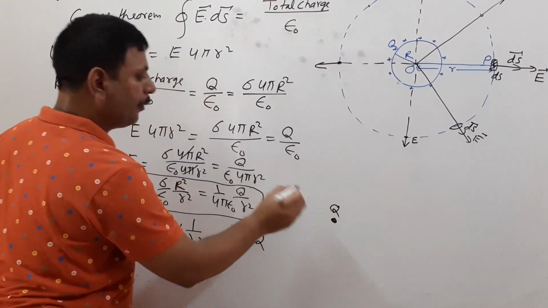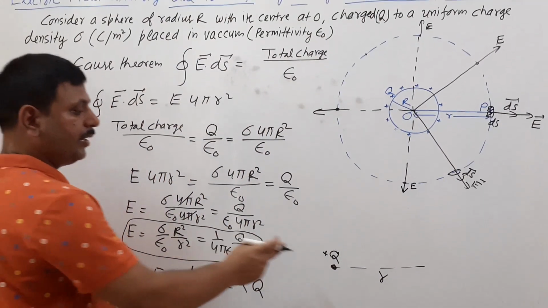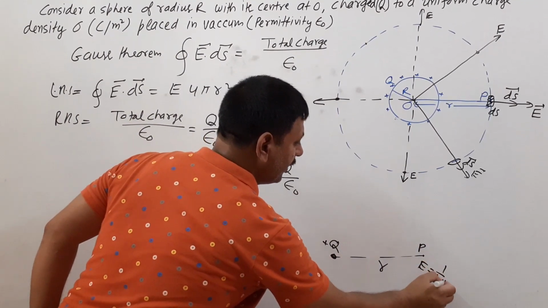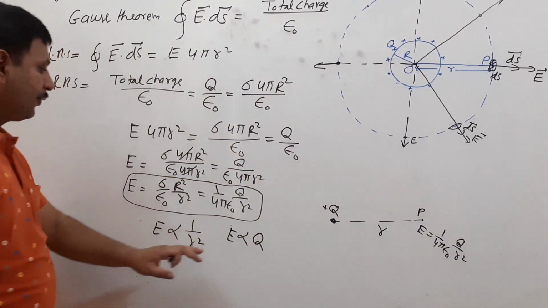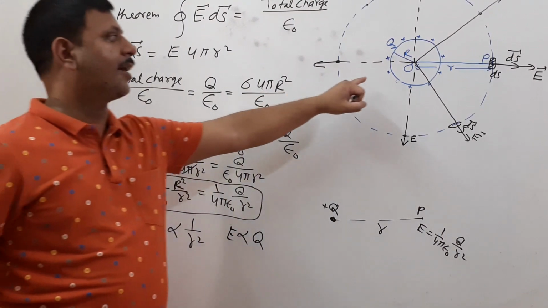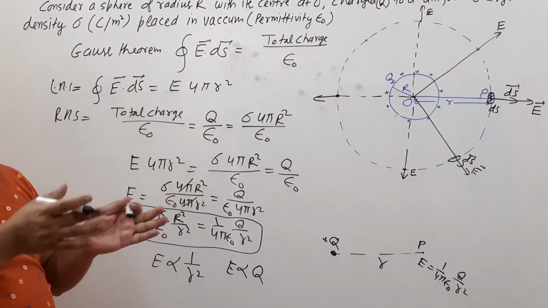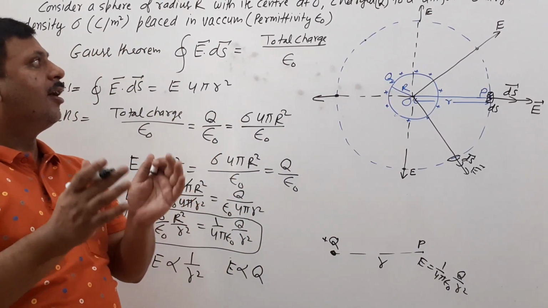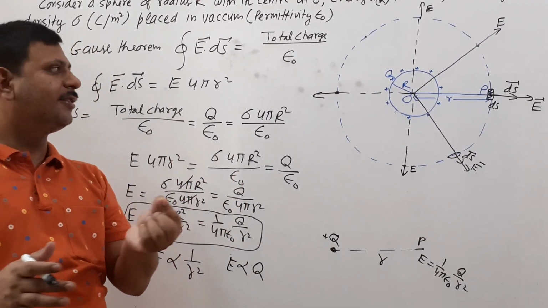If you give a point charge plus q and take a point at distance r, the electric field intensity formula is 1 upon 4 pi epsilon naught q upon r square. The same formula is here. So due to spherical charge, if the point lies outside the sphere, it will behave like a point charge.